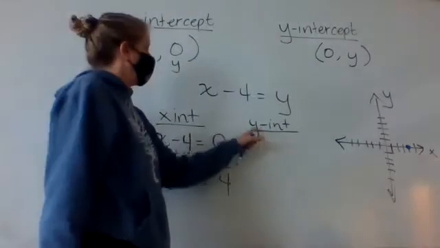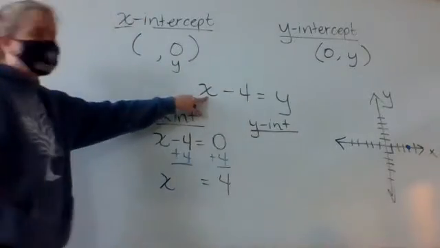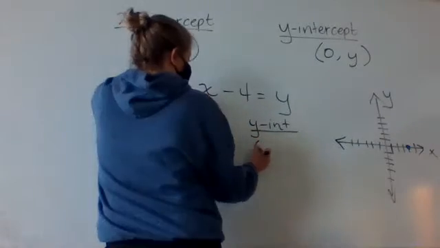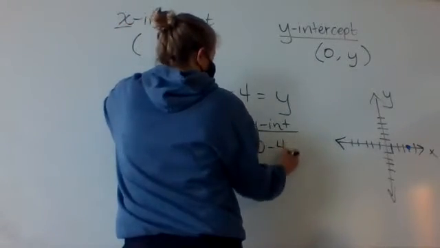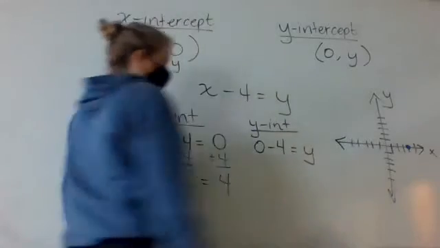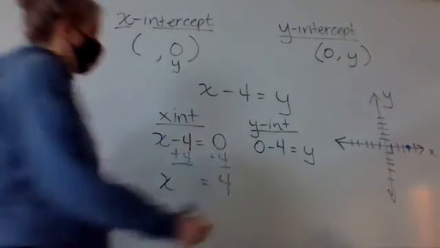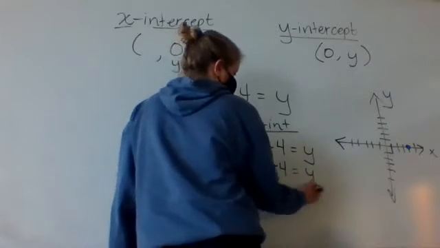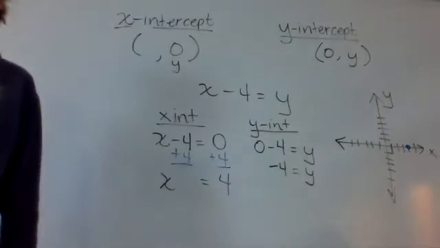If you're trying to find the y-intercept, put your 0 in the x spot. So if I put the 0 here, I have 0 minus 4 equals y. What's 0 minus 4? Negative 4 equals y.